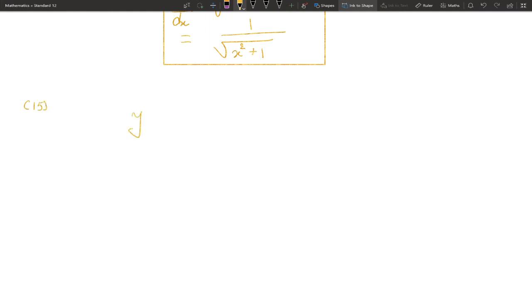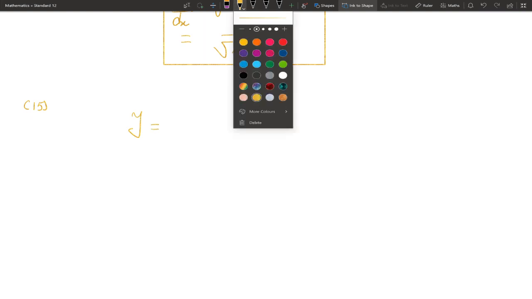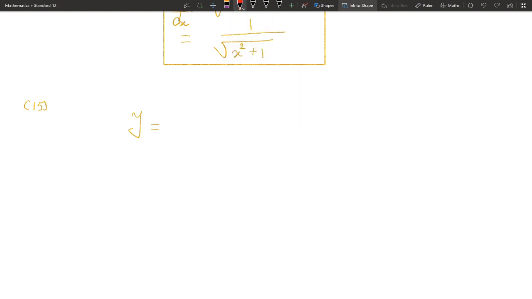Y equal to e raised to x. Obtain dy by dx.